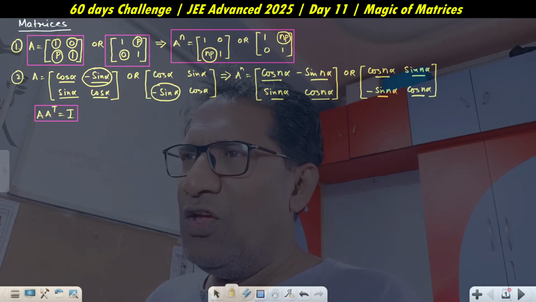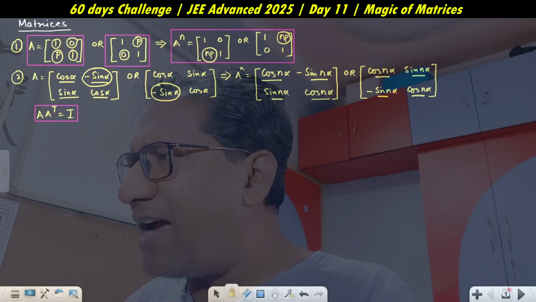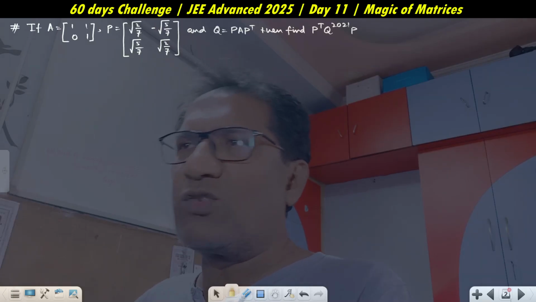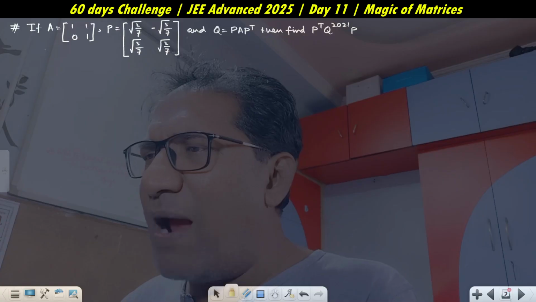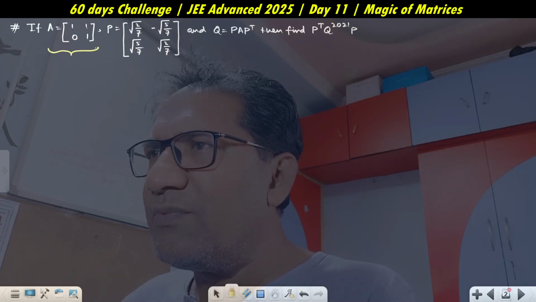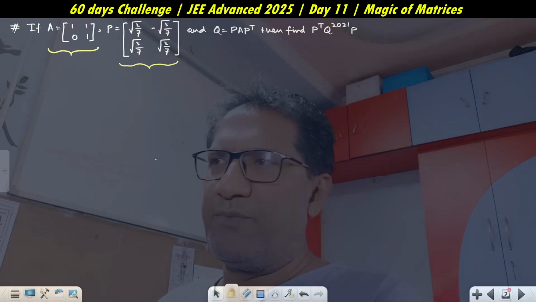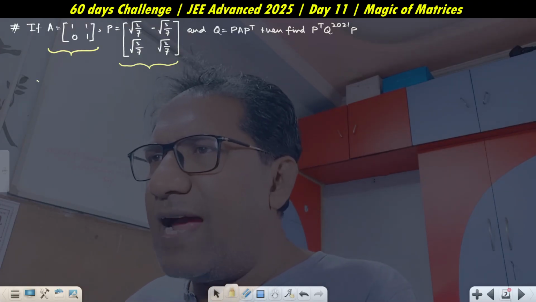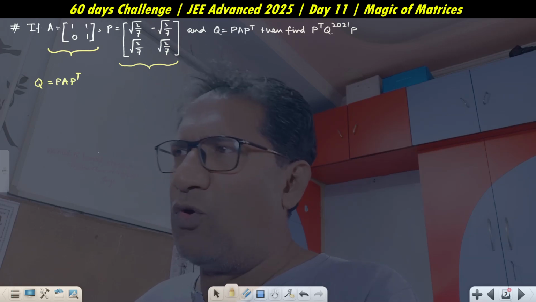Okay. So now let me take one example to understand the fact more clearly. See this question. A is this matrix which is given to us and P is another matrix given here. Now we are told that Q is P A P transpose.